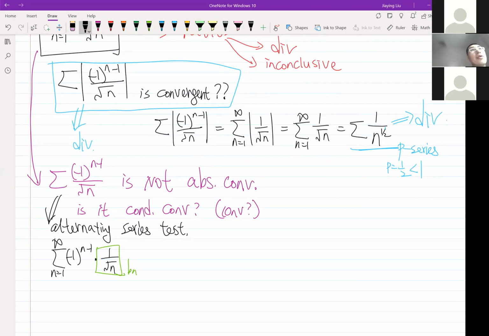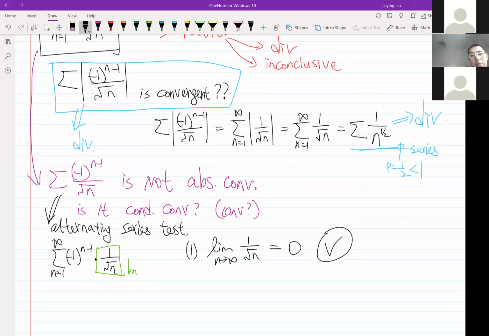In order to use alternating series test, we have to test the first condition, the limit as n goes to infinity of Bn, 1 over square root of n. What is the limit? Well, if n goes to infinity in the denominator, the numerator is always 1, so that fraction is going to approach 0. So that's actually a good thing, right?